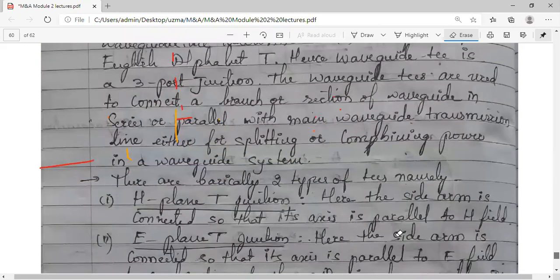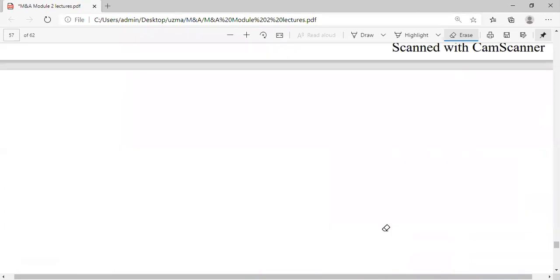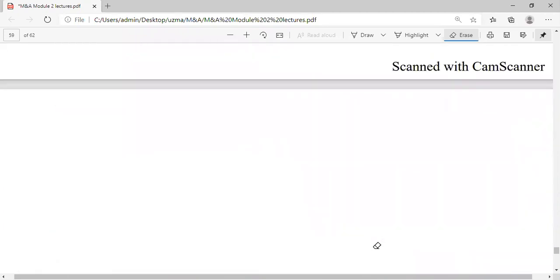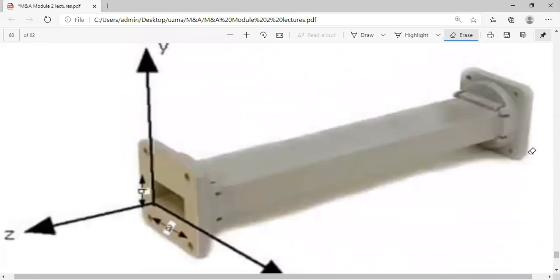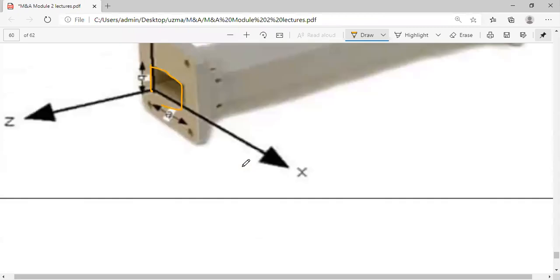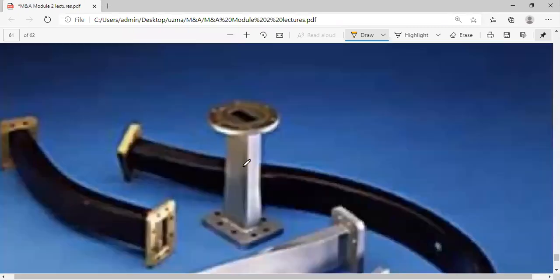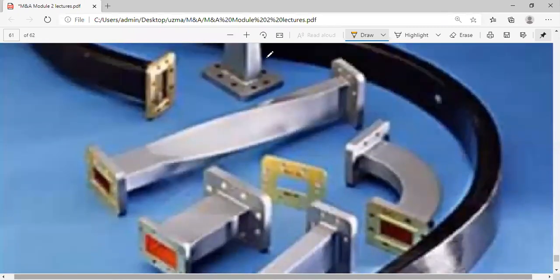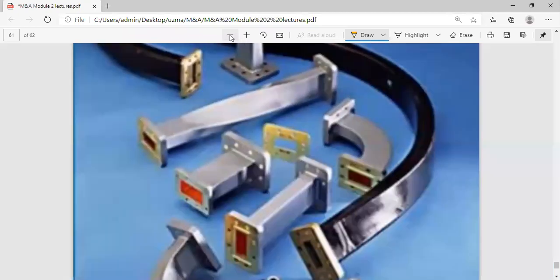You can just go through these images. This is one rectangular waveguide which you can see. You have a rectangular structure here. You have one port, the other end is not shown. This is another port, port two. So it is a rectangular waveguide. And here some waveguides are shown.